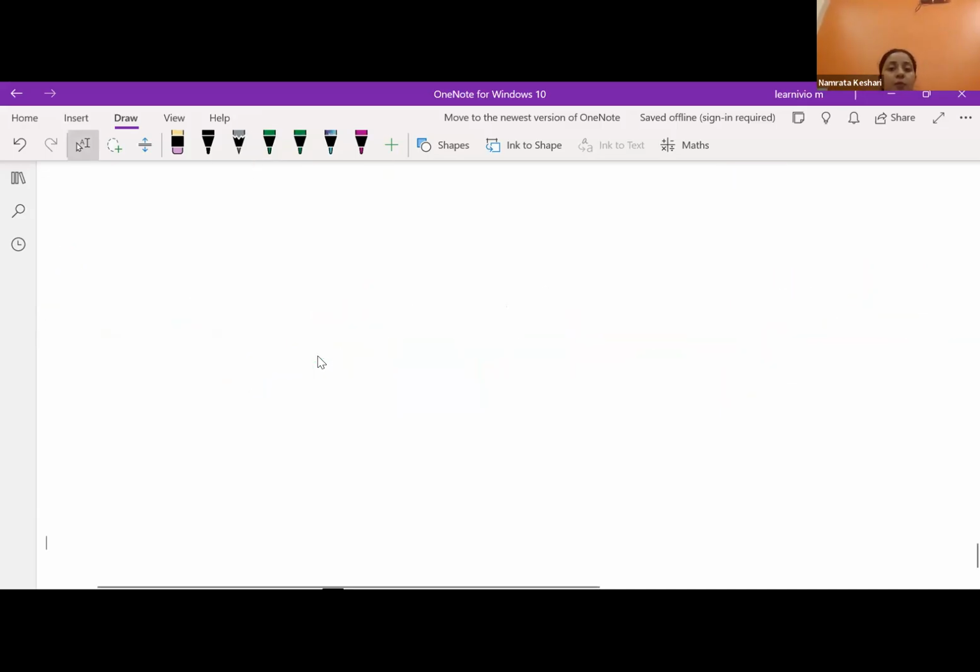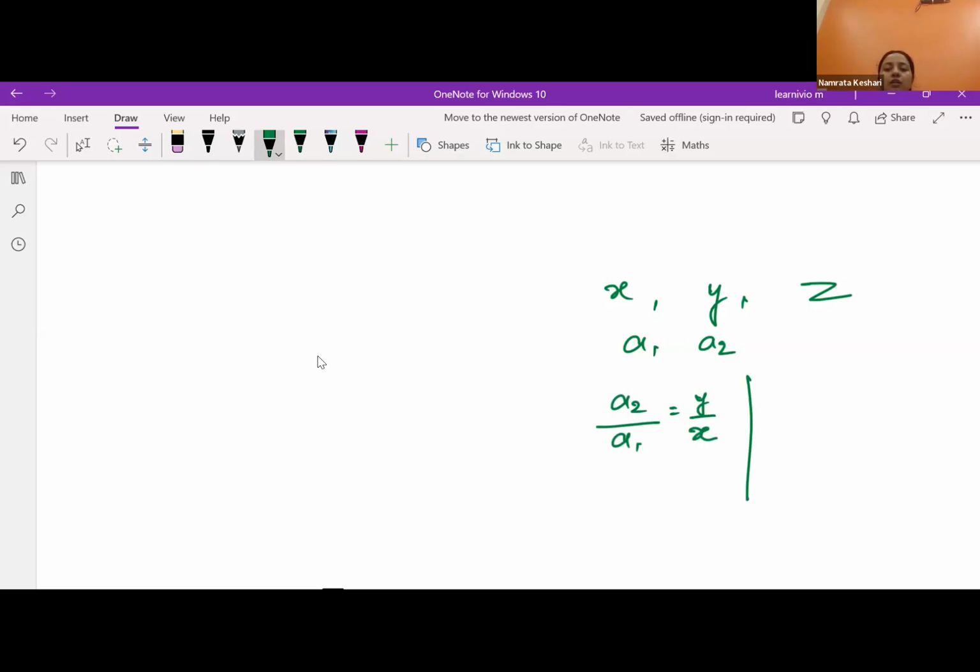Suppose it says that x, y, z are in GP. The moment we read this, one thing clicks in our mind: we have not learned so many logics and concepts. We just have learned that GP means the ratio will be the same. Ratio means the ratio of the second term to the first term, that means y by x. That ratio must be the same as the ratio of the third term to the second term, that means z by y.